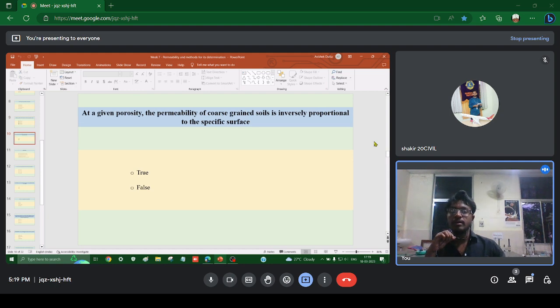True or false statement? At a given porosity, the permeability of coarse grained soils is inversely proportional to the specific surface. I'll repeat once. At a given porosity, the permeability of coarse grained soils is inversely proportional to the specific surface.